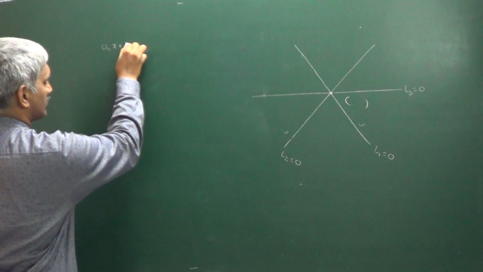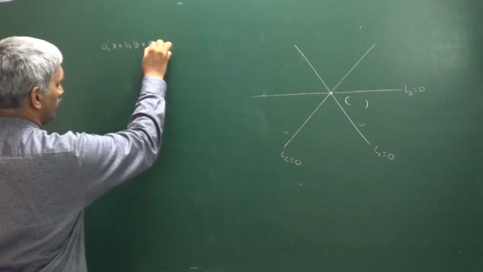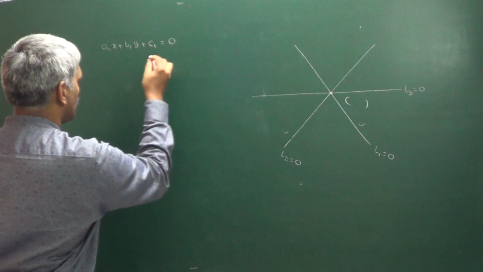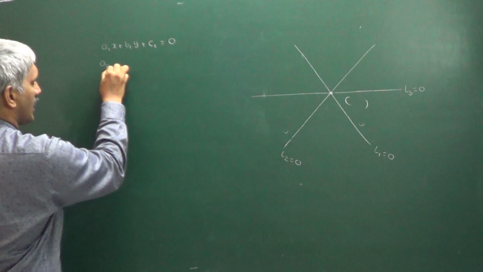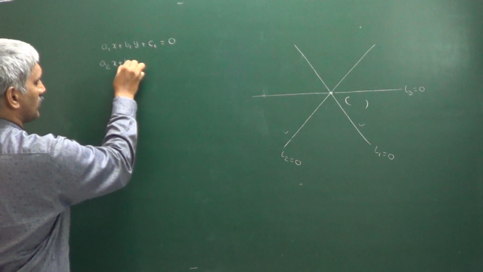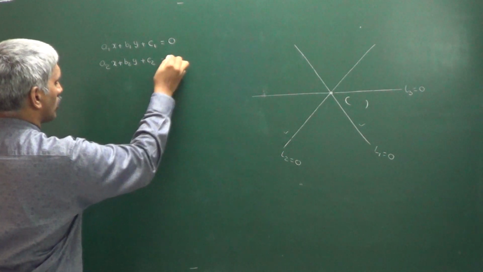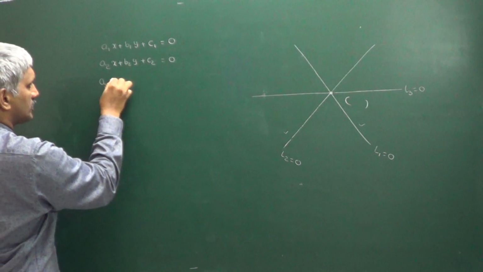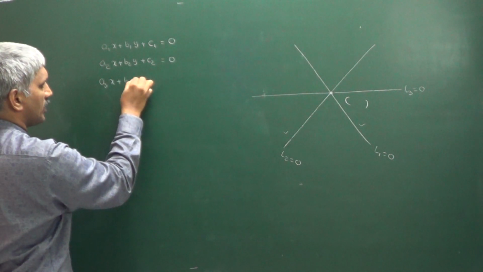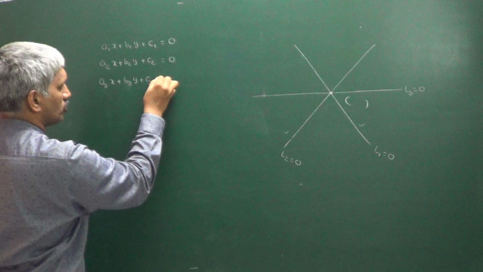Or otherwise, another way we can do it is: one line equation is a1x plus b1y plus c1 is equal to 0, the second line equation is a2x plus b2y plus c2 is equal to 0, and one more line is a3x plus b3y plus c3 is equal to 0.